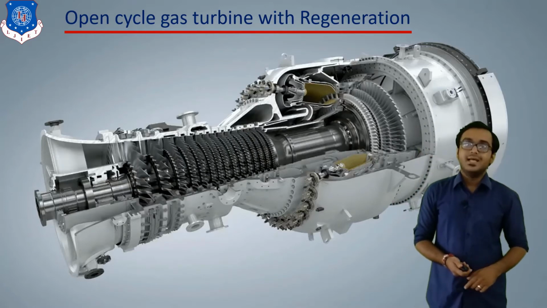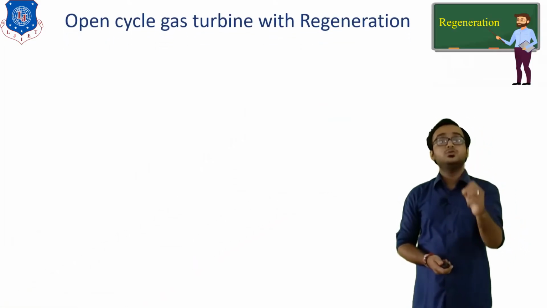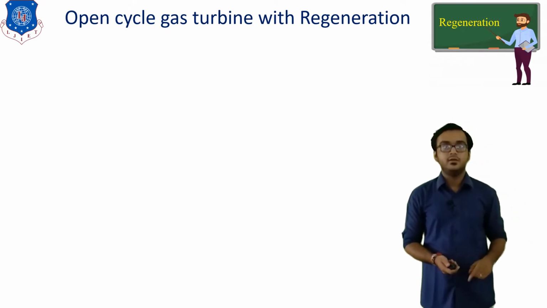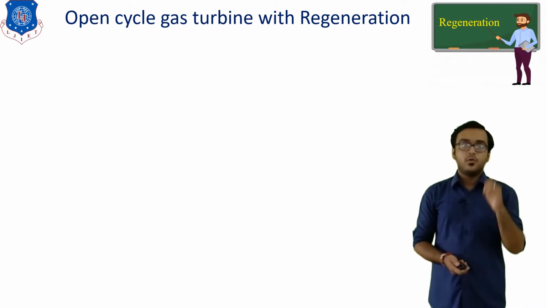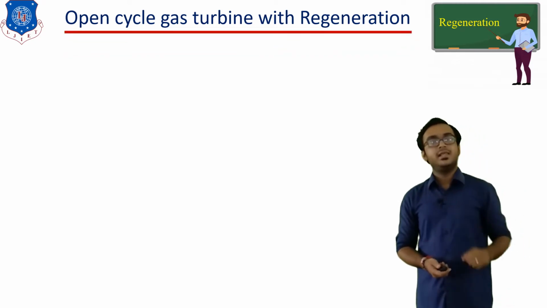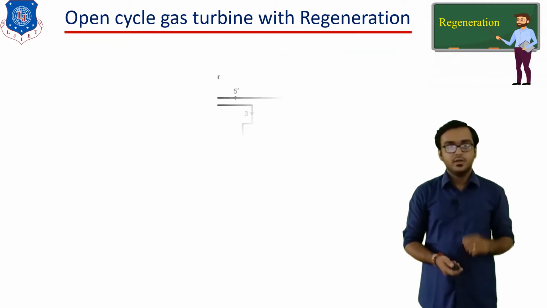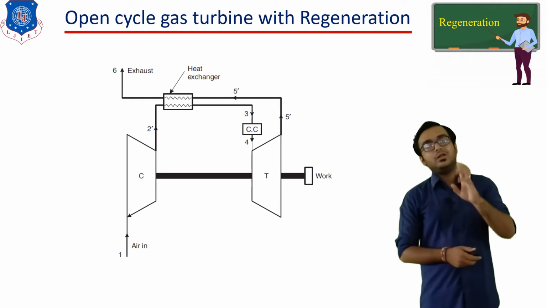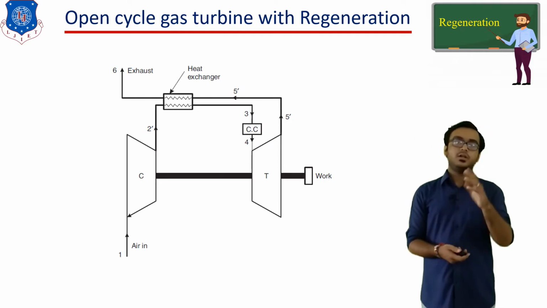As I told you, in regeneration we are going to use waste heat in order to improve the efficiency of the turbine. To understand the regeneration cycle, consider the layout of the system first. Here we have only one compressor, one combustion chamber and one turbine.